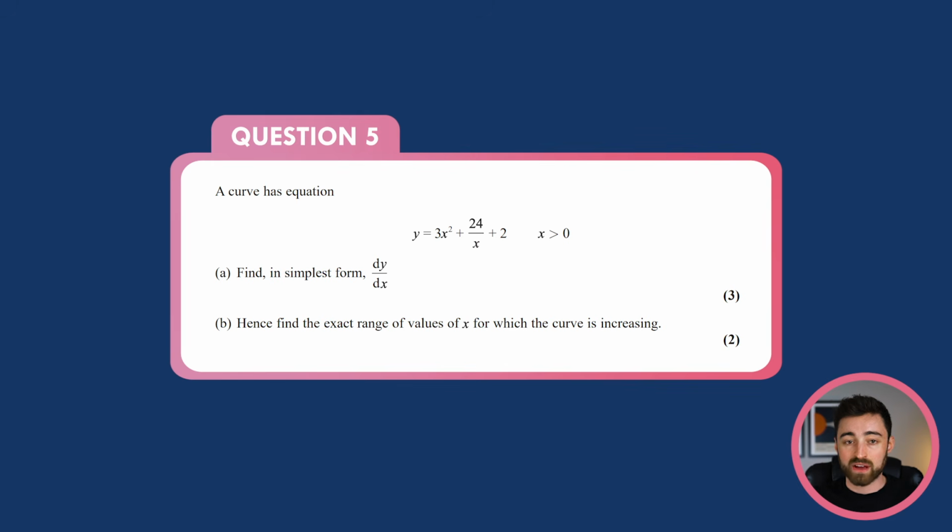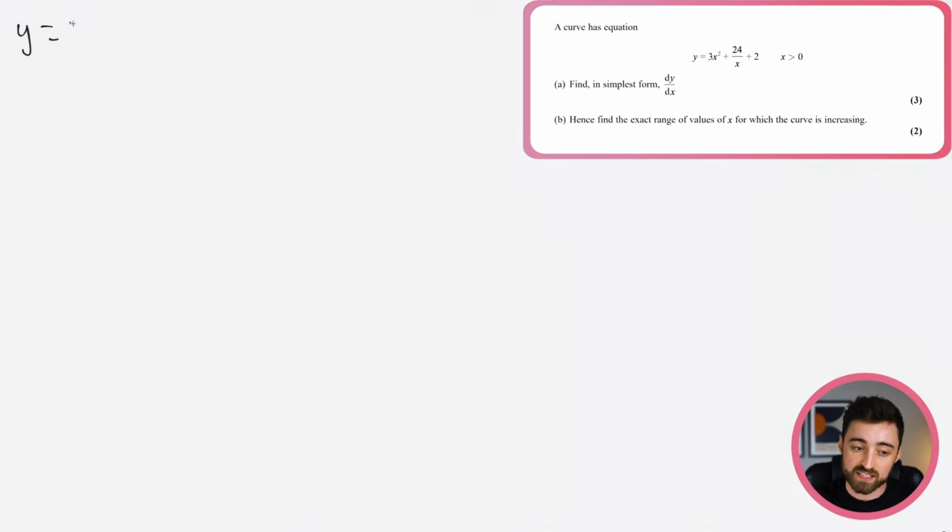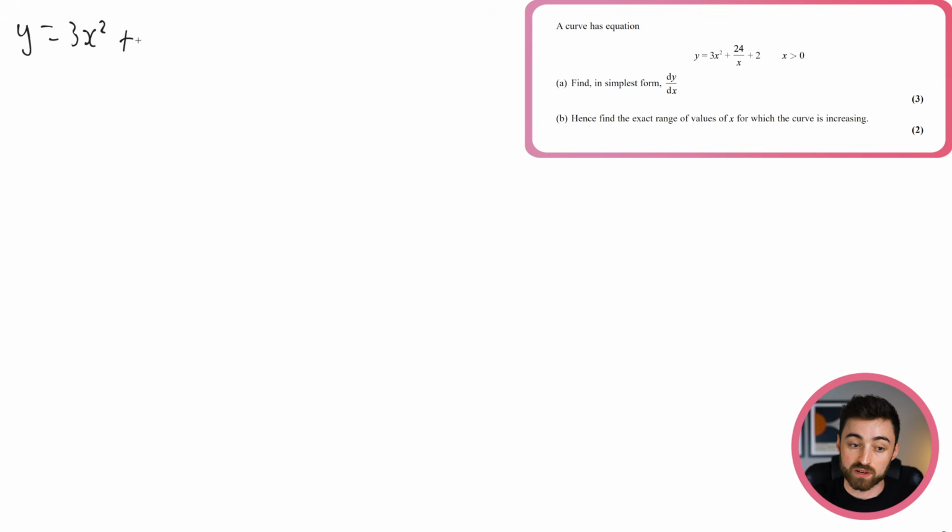This 24 over x, it would be much easier to differentiate if we wrote it as 24x to the minus 1. So I've got my plus 2, and now dy by dx is quite simple, just bringing the power to the front, taking 1 from the power. So bring it to the front, I get 6, take 1 from the power, x to the 1, which is x.